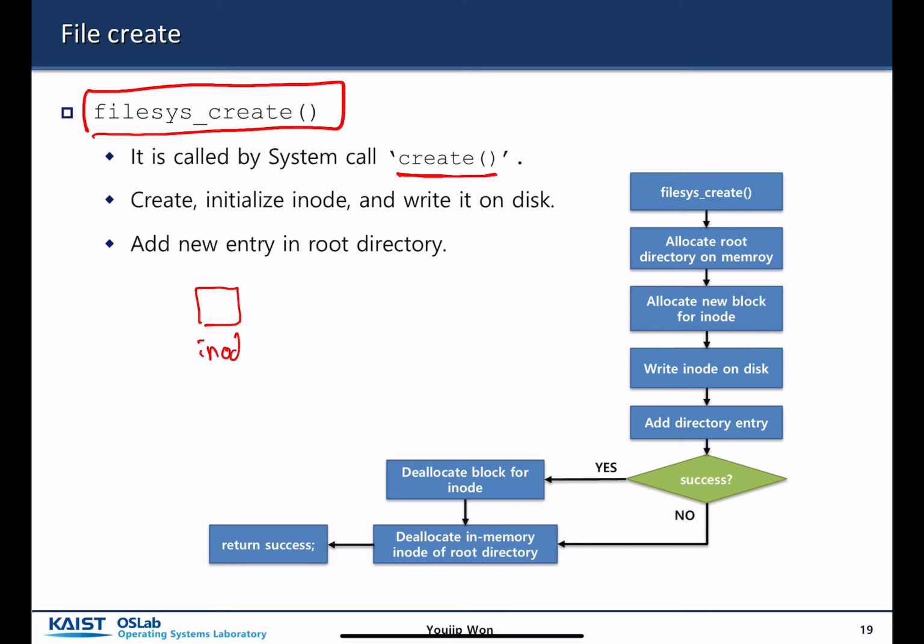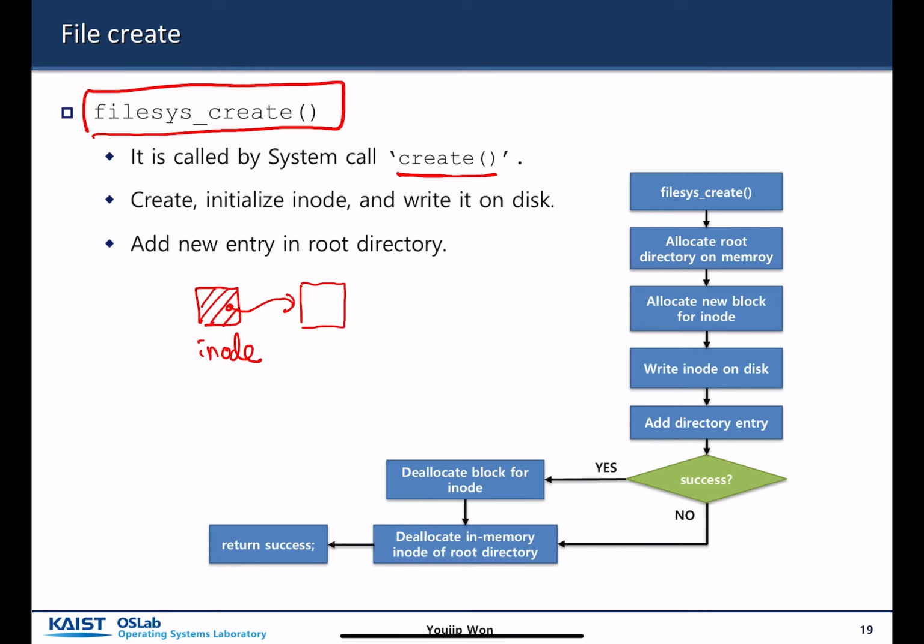Let's think about what kind of data structure we have to modify in creating a file in the file system. Okay. Let's say we are going to create a file. Then we have to create the inode for a new file. And then of course you may want to initialize the data blocks associated with the given file.